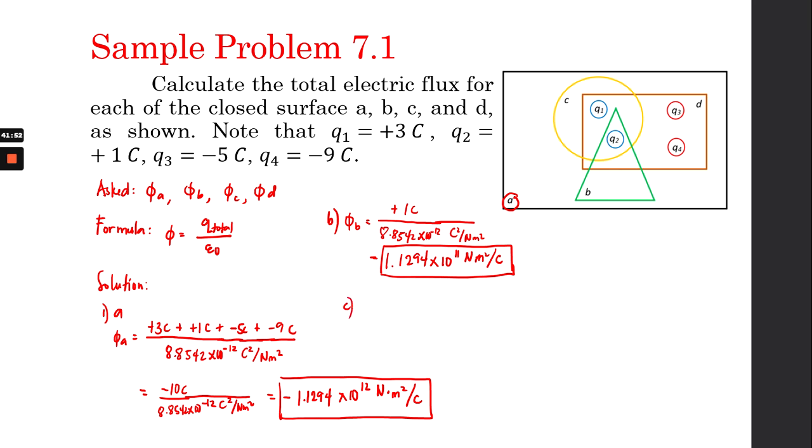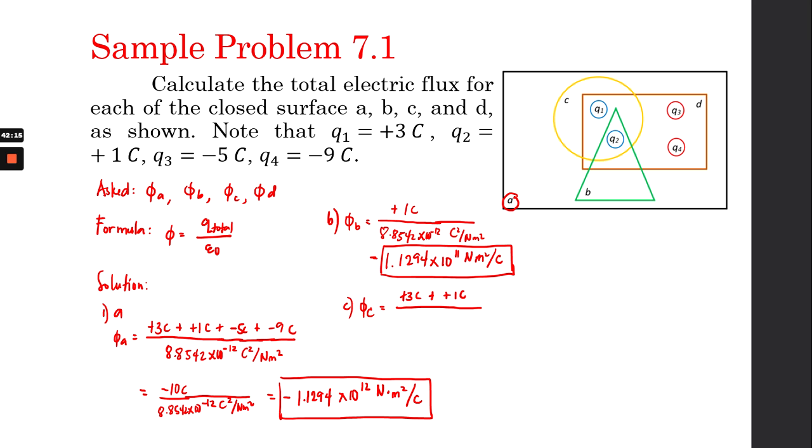Now let's try to find C, the electric flux for C. As for C, what is found is Q1 and Q2. So you just have to add Q1 and Q2. So that's positive 3 coulombs plus positive 1 coulomb.